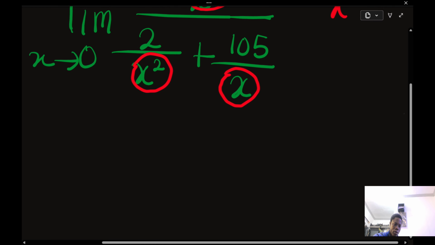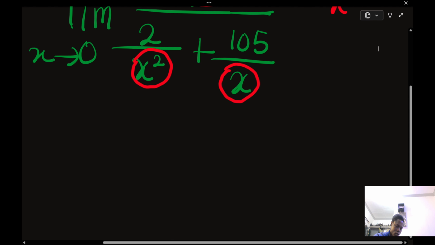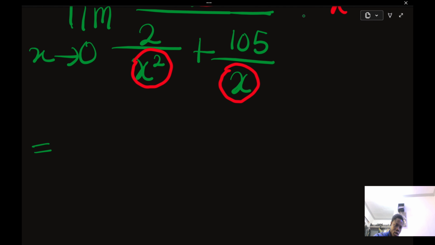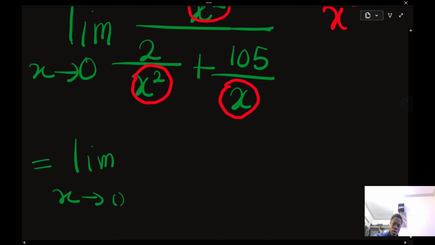Let's look at it. So we are going to get the limit as x approaches 0.